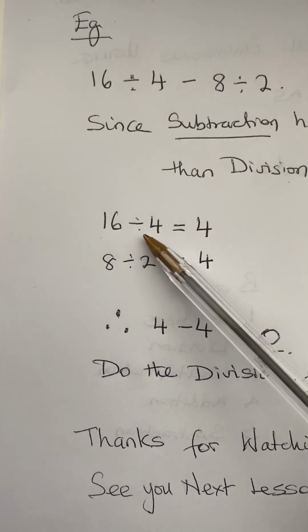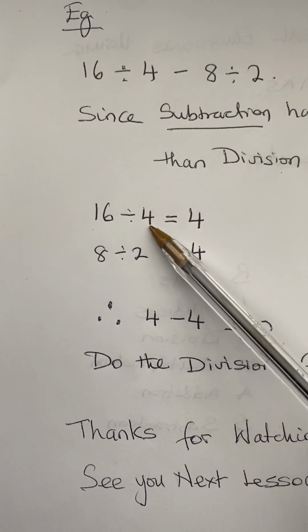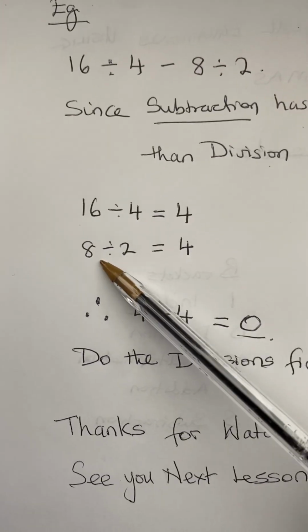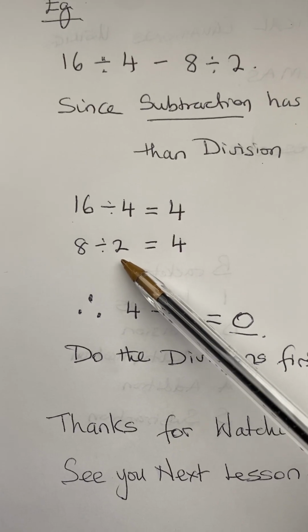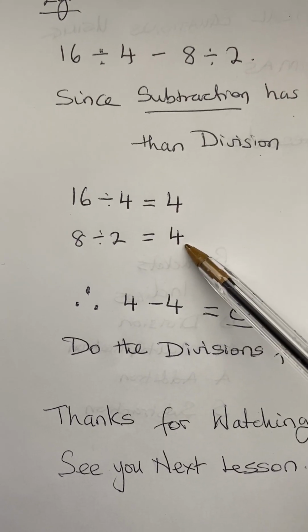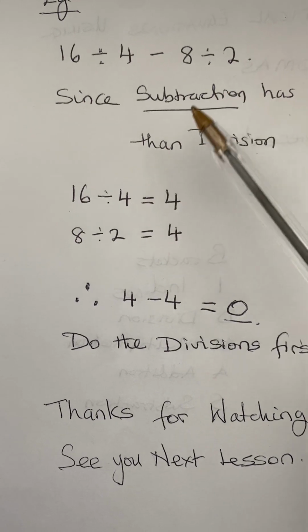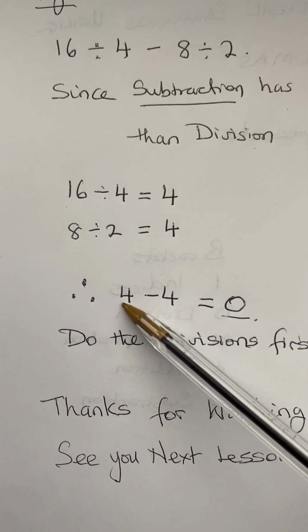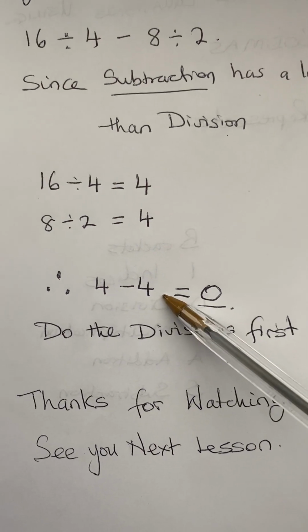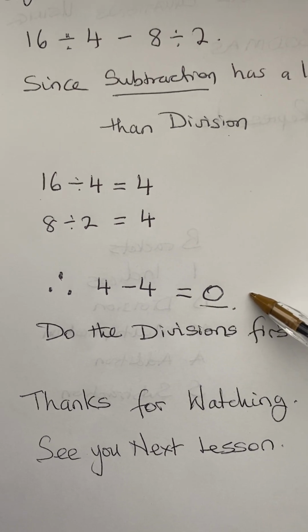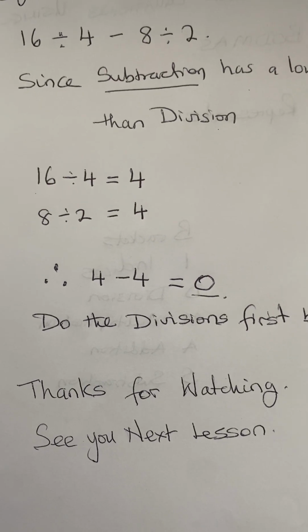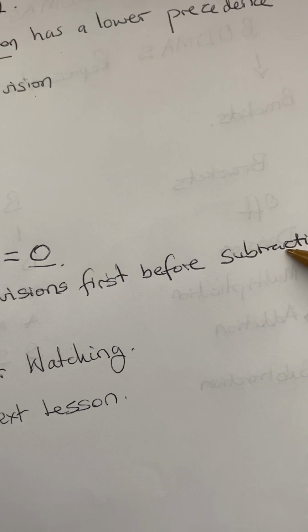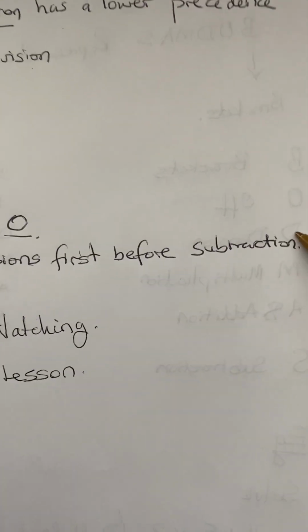So first of all, 16 divided by 4 is 4. 8 divided by 2 is 4. So now we bring both sides together. So 4 minus 4 equals 0. So we do the division first before we do the subtraction.